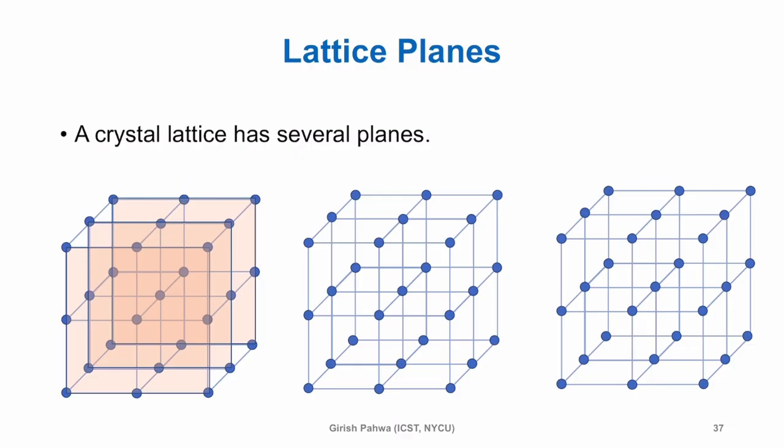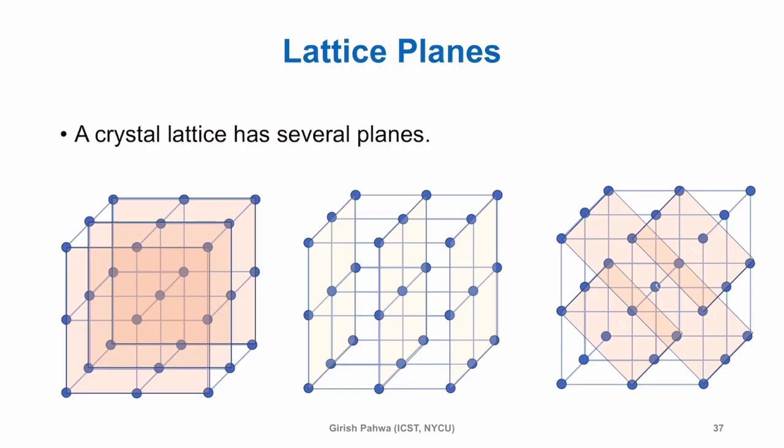But I can cut this lattice like this also. I can cut it slanted also. Whether I move perpendicular to this or these matters a lot for an electron. It's anisotropic.